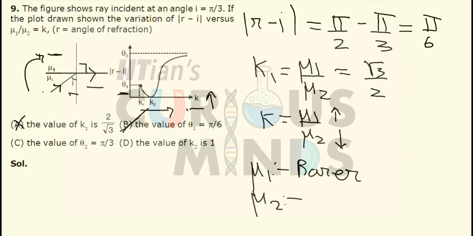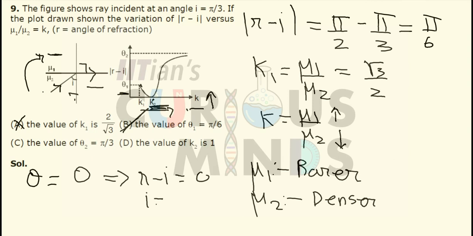How did I infer that? It's very simple. If you see the angle of refraction is greater than the angle of incidence, I can say that mu1 is a rarer medium and mu2 is a denser medium. But what happens at k2? At k2 you can see that theta is 0. If theta is 0, r minus I is equal to 0, that is, the angle of incidence will be equal to the angle of refraction.